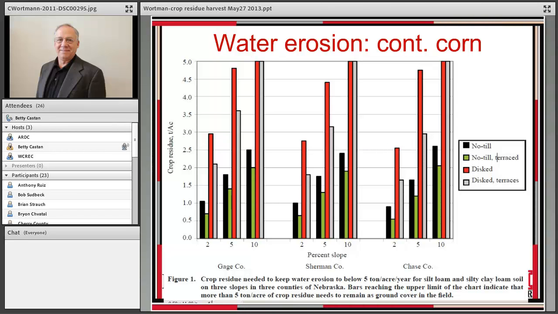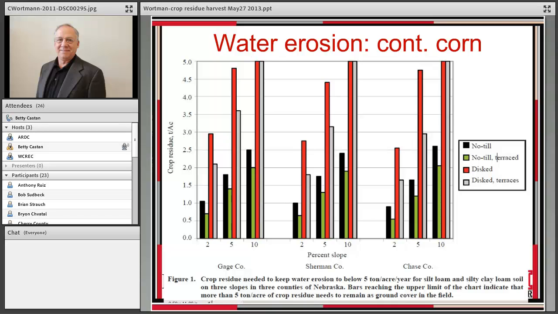To get this data, we used RUSLE2, which is the NRCS tool for estimating sheet and rill erosion. We did it for Gage, Sherman, and Chase counties to capture a rainfall transect across the state, and we did it for 3 slopes. And the soils were silt loam or silty clay loam.